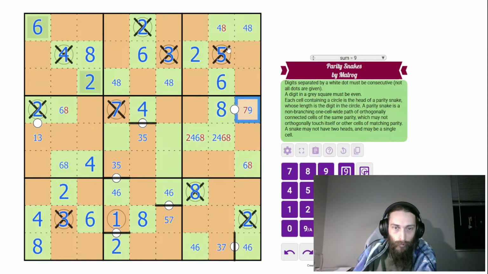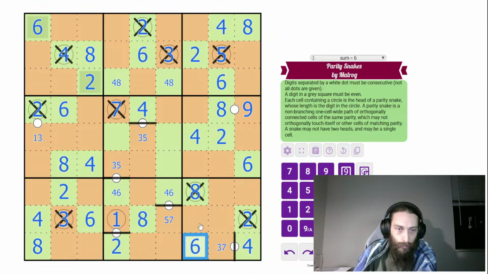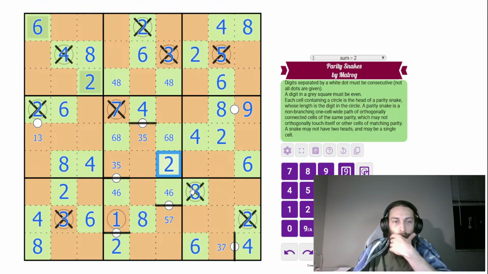Apparently that's an 8, so 7 or 9. 4, 8, 9, 6, 2, 4, 6, 8, 4, and 6. 6, 8, and 2. It sort of seems like my even digits are done.